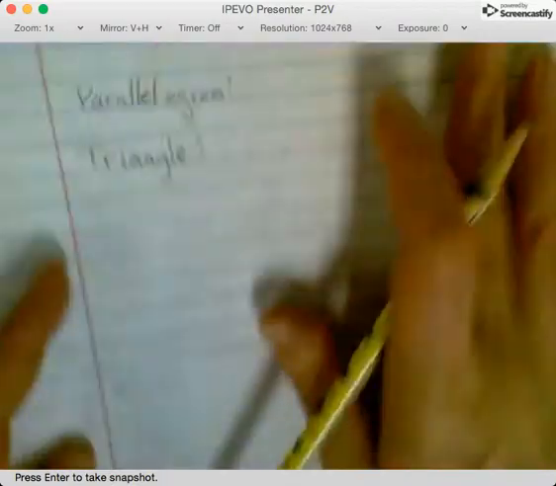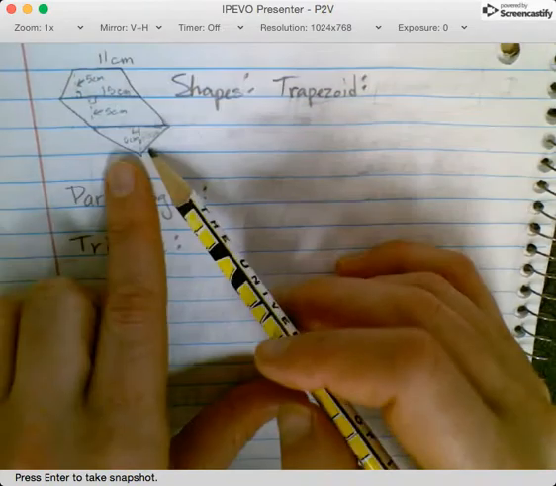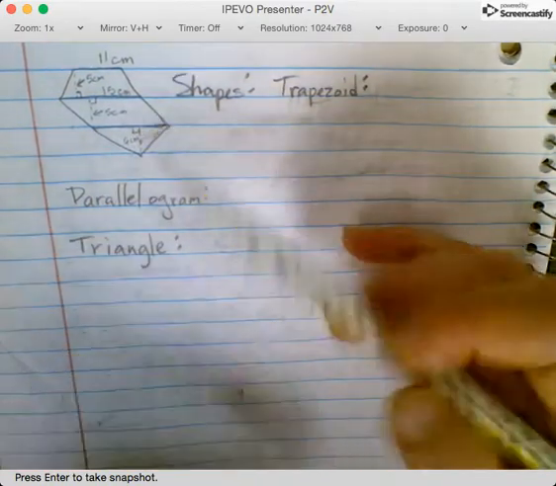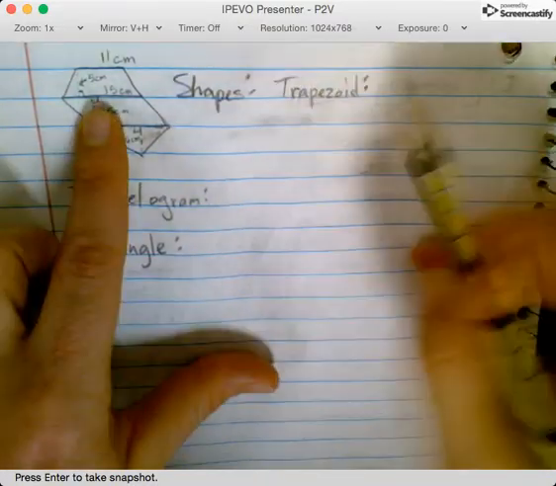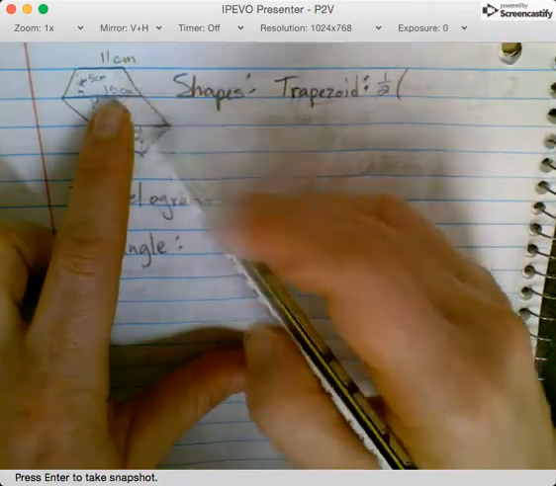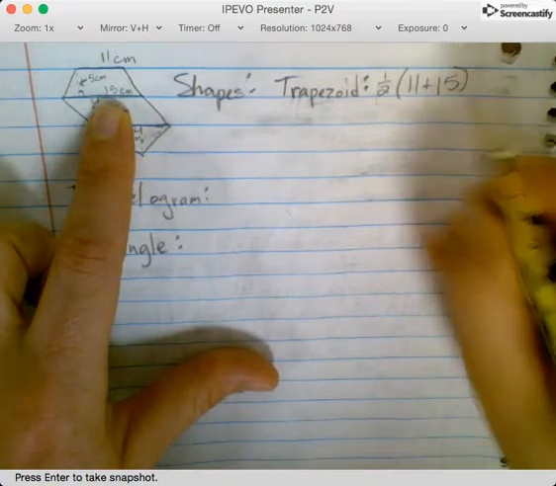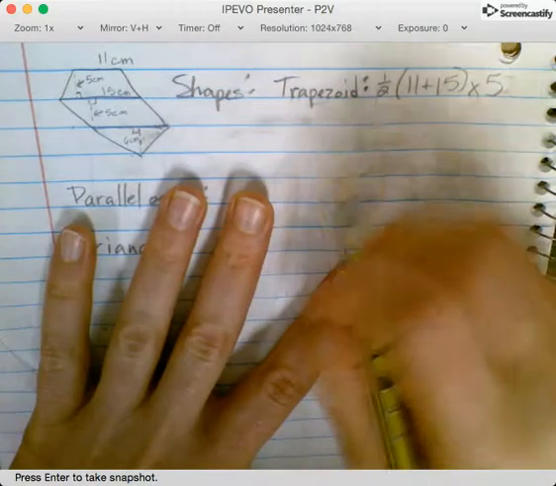I'm going to try to keep this quick so that we can fit it all in the video. Now this one has shapes that are just combined. There are no gaps, there's nothing missing. So all we're going to end up doing with these is adding them together. So first we have a trapezoid, and the area of a trapezoid again is adding the two bases, multiplying by the height, and multiplying that by 1/2.